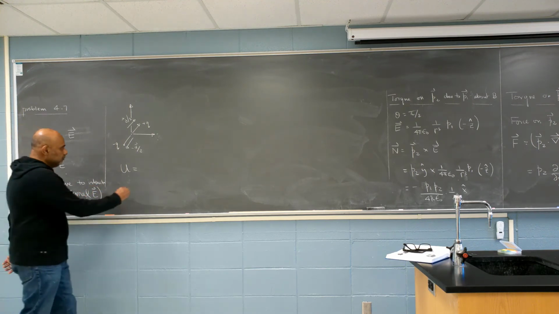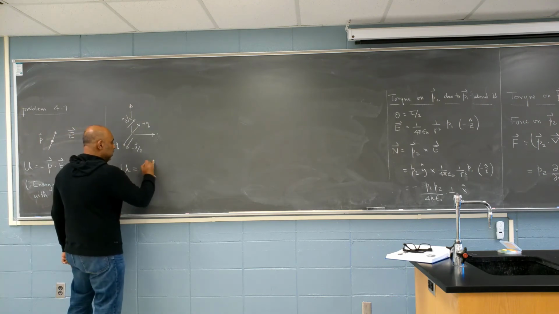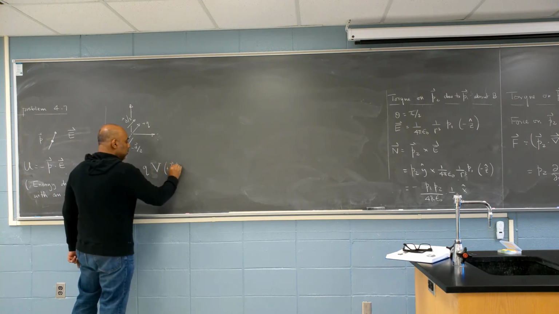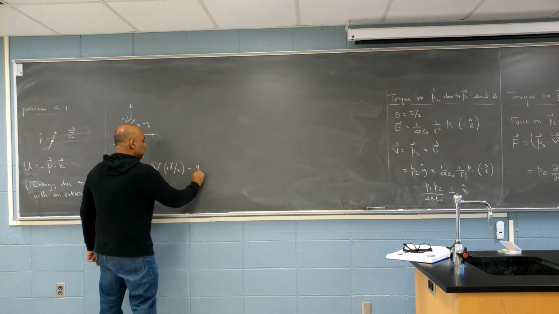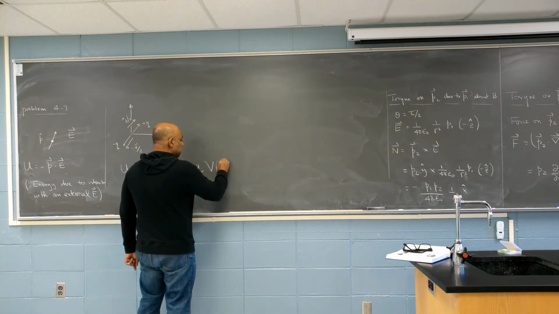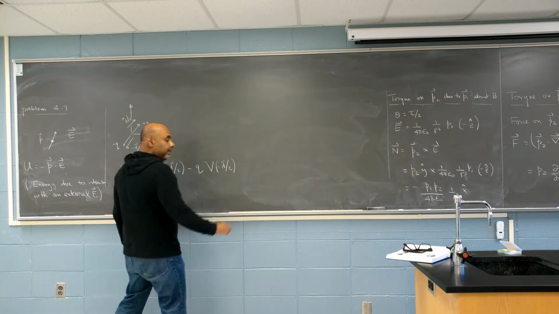Okay, well, simple enough. q times the potential at d over 2 minus q times the potential at minus d over 2.